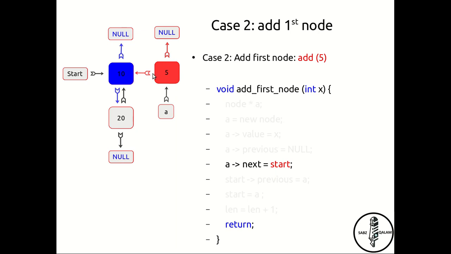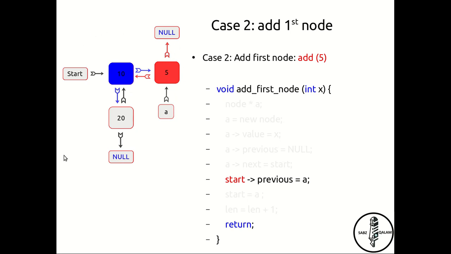But remember, this is a double linked list, so in between two nodes, there has to be a node where this node is pointing to the next and this node is pointing to its previous. So right now the start is pointing to null, and we can change that. We can ensure that this node is now pointing to this node by stating that start's previous is pointing to the location that A is pointing to.